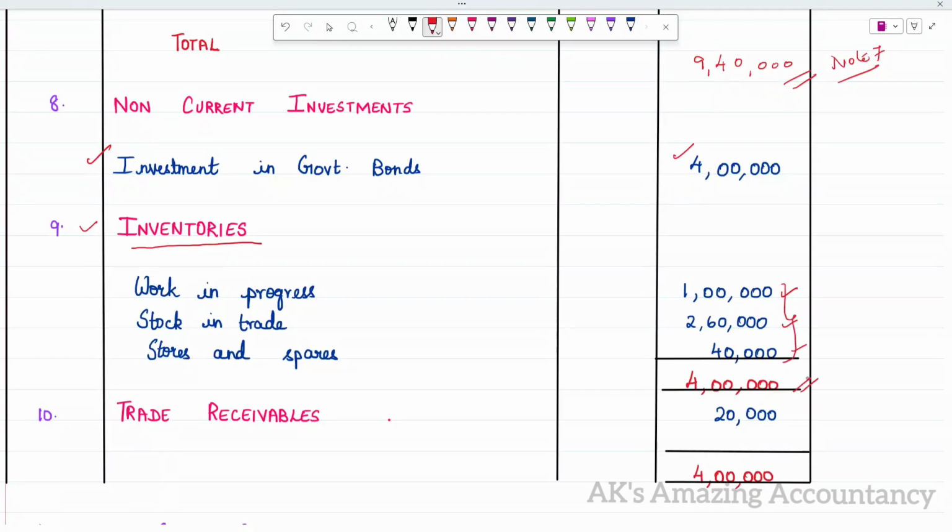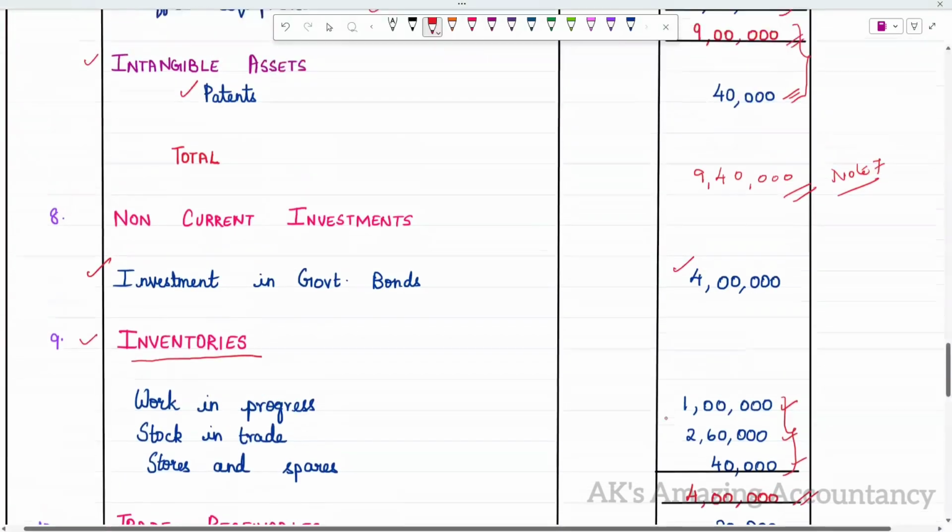And the last note we have in this particular problem is trade receivables. This is note number 10. So what is note number 10? Trade receivables. So trade receivables is already given to us in the problem.